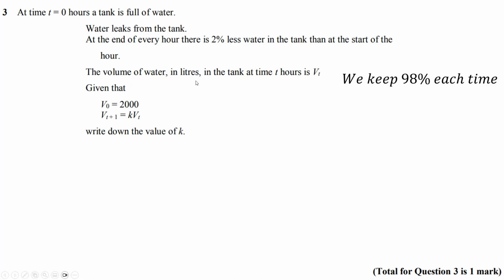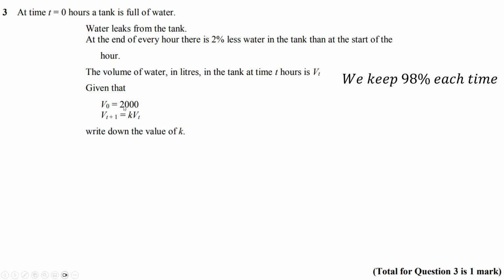The volume of water in liters is given with this, and given this, write down the value of K. Well, you can imagine this is at 0 hours. So when we've just put it in, we've got 2,000 liters, or whatever the unit is. We'll say liters.